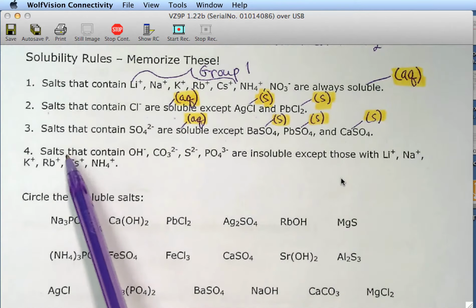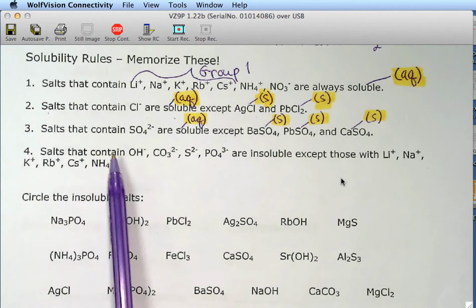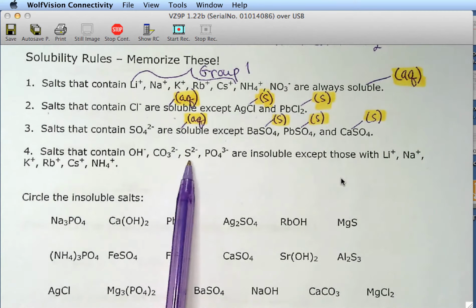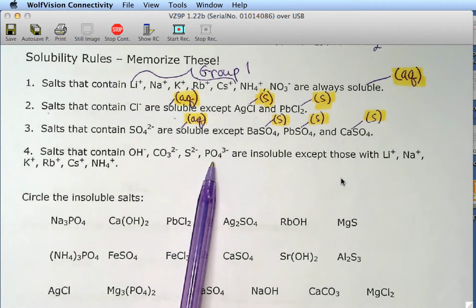Okay, so the last rule, salts that contain hydroxide, what's the name of that one? CO3 minus 2. Carbonate, good. S minus 2 would be sulfide ion, good. And then PO4 3 minus would be phosphate, good.